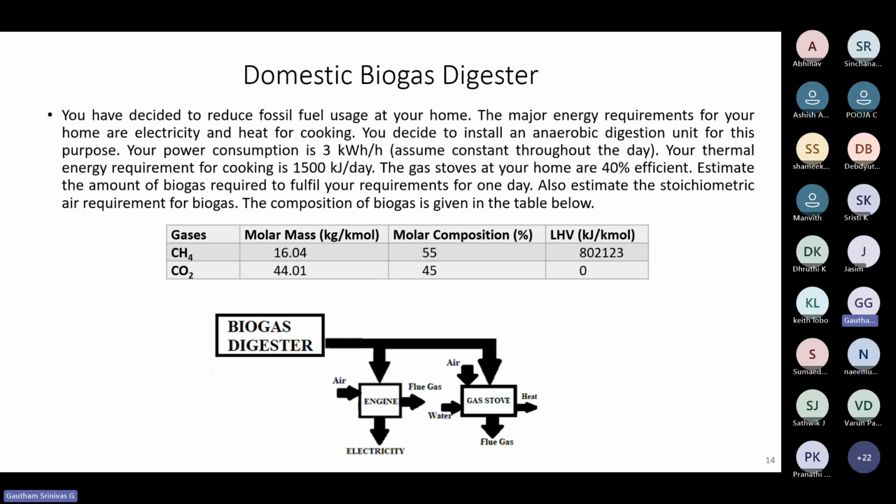The gas stove efficiency is 40%, which means to get 72 kilowatt hour over here, you need 72 divided by 30%. Similarly, to produce 1500 kilojoule of heat over here, you need 1500 divided by 40%. So here it's 30%, sorry, and here 40%, right?